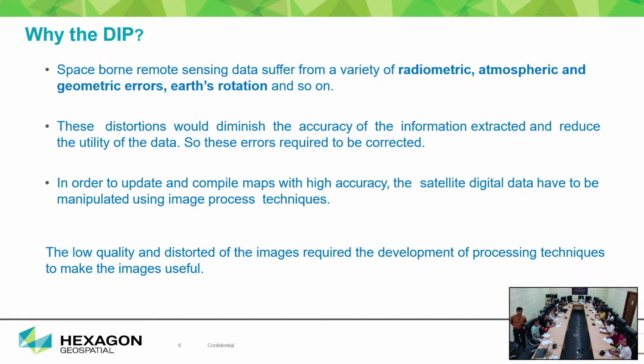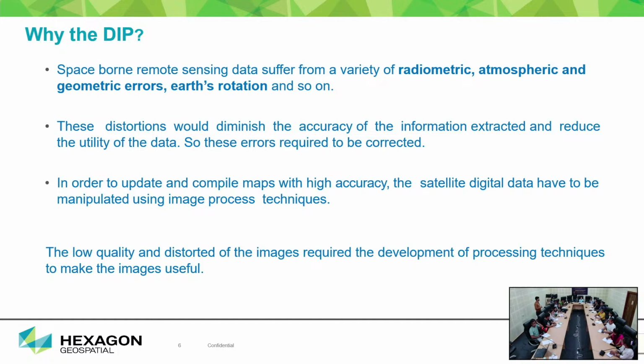Distortion diminishes the accuracy of the information extracted and reduces the utility of the data. Suppose you have remote sensing data that is distorted, with some striping and some information missing. You cannot use this data for final product generation, because the accuracy of the products generated from it will not be at the required level.